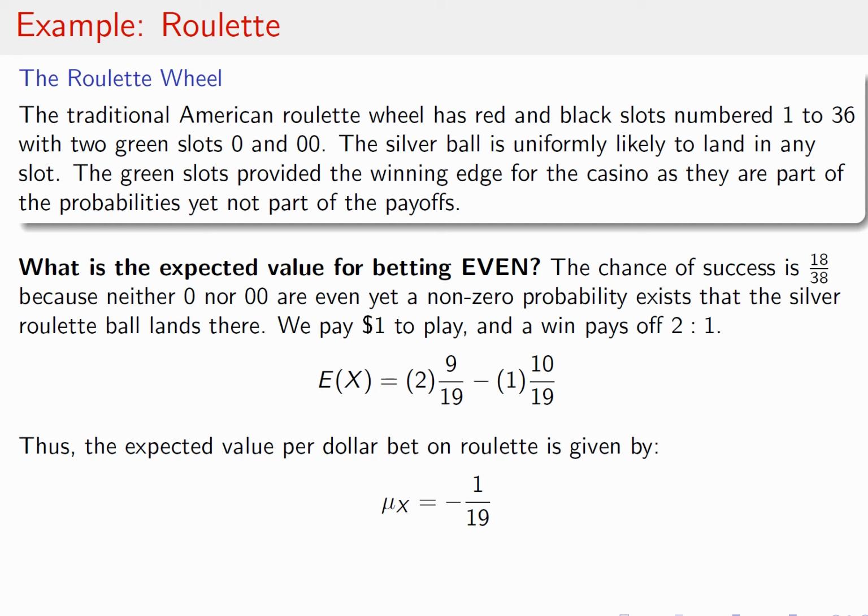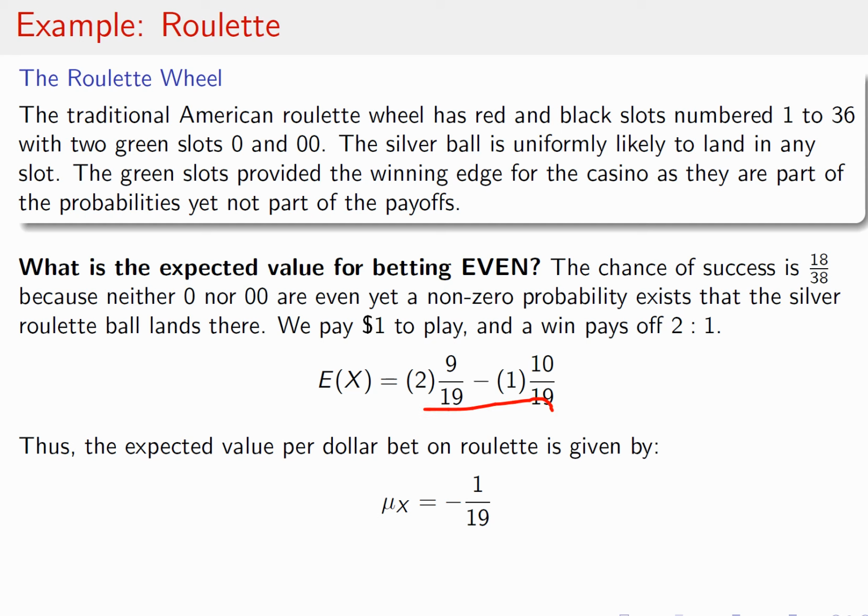18/19 minus 10/19. I will have to consider this for just a moment and get back to you. I see what I've done. I've got this backwards. Excuse me. I have the formula incorrect.